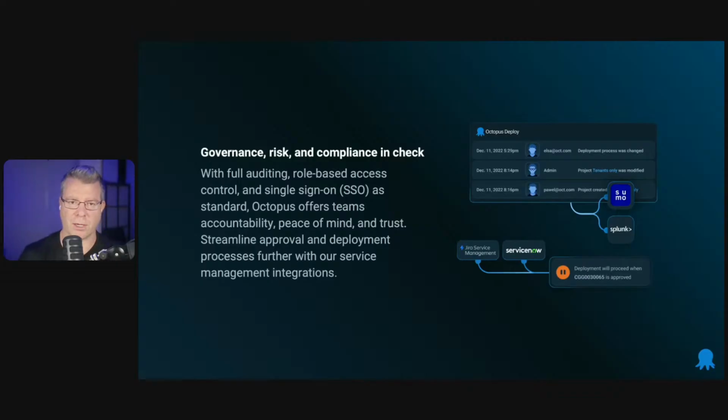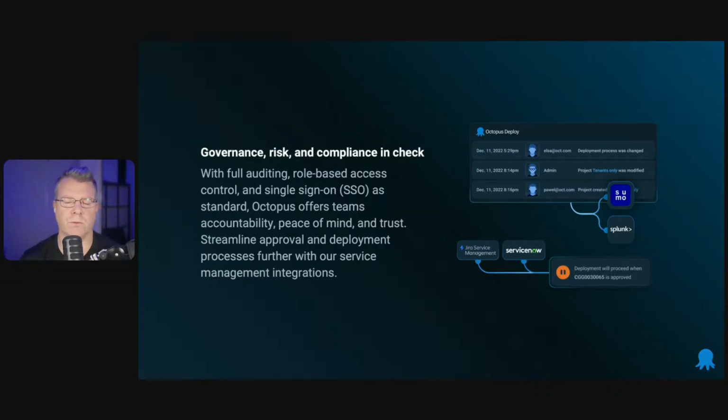Out of the box, Octopus integrates with a number of systems. I'll show you an example here of integration with CI, but if you've got any backend systems, like let's say you're utilizing ServiceNow or Jira Service Management or any number of these systems, you can use these in concert as part of your pipeline. So Octopus integrates with these out of the box, which means you can export audit logs through OpenTelemetry. You can utilize a facility like ServiceNow to act as an arbiter or a control agent for Octopus itself.